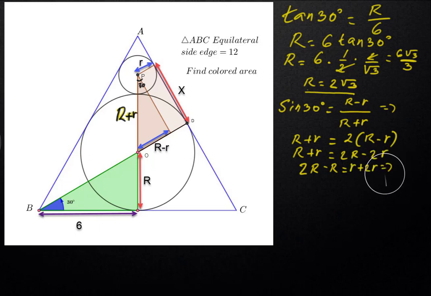Very good. So that means the big radius is 3 times the small one, or the small one is 1/3 of the big radius. That is very important information. And remember, we already found the value of the big radius. That means the small radius will be 2 square root of 3 over 3.